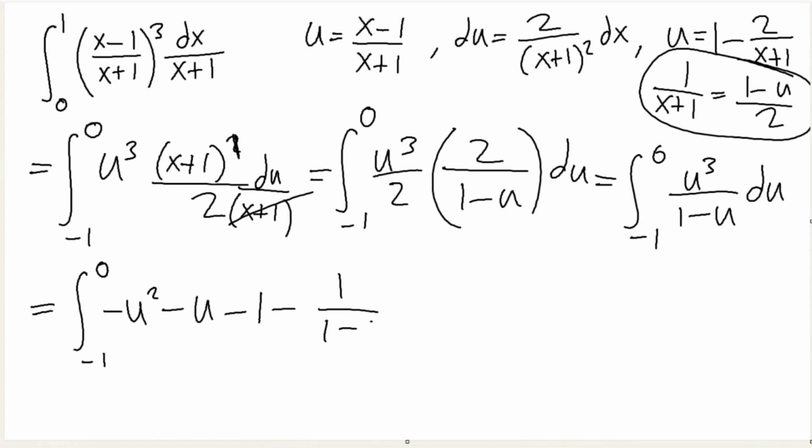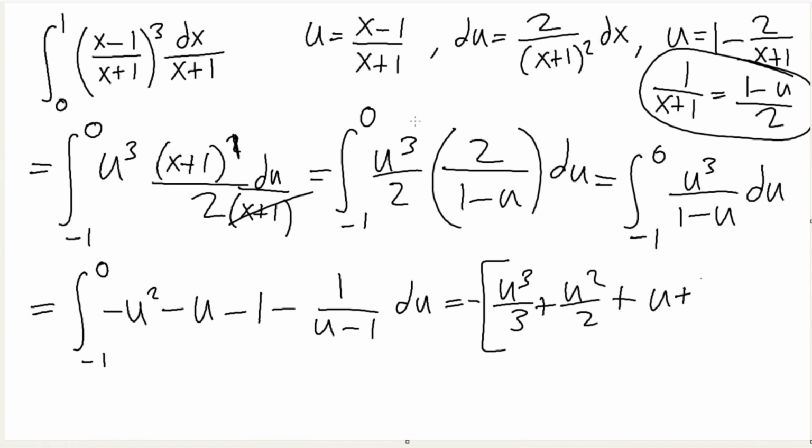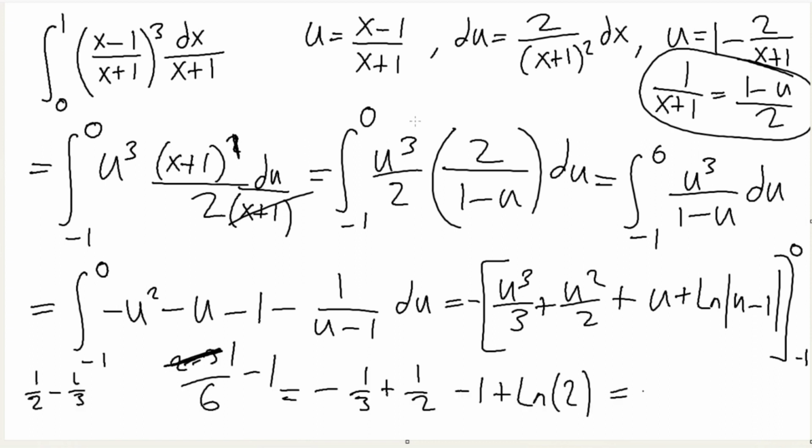Oh, I'm sorry, this flips. u minus 1, and then du. I'm going to factor in the negative because it's kind of bugging me. We get u squared over 2 plus u, and then ln of u minus 1, from -1 to 0. And so the answer would be ln of 2 minus 5 over 6.